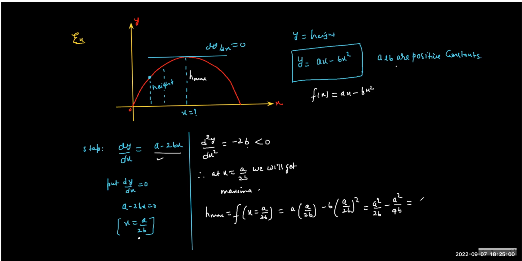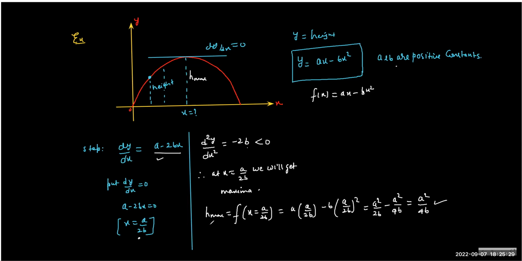Who will tell me the answer? Are you there, Prasansha? Yes, sir. What is the difference? Sir, a square by 4b. That's the right answer. Excellent.